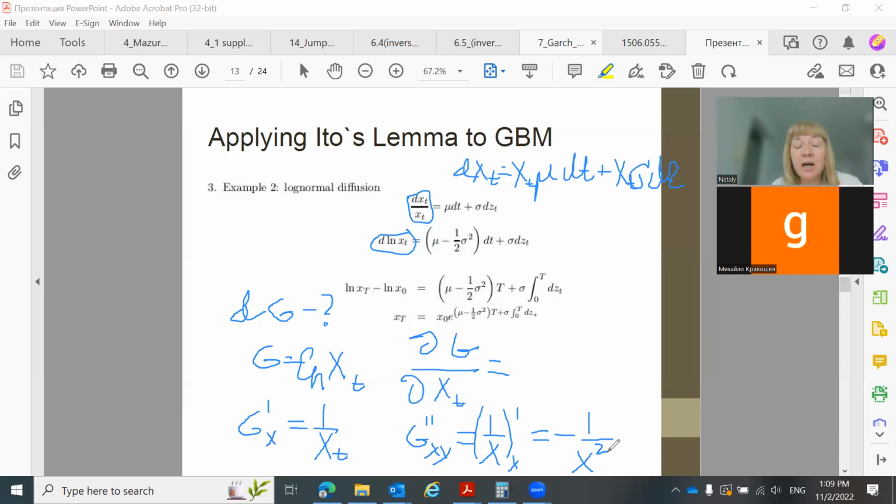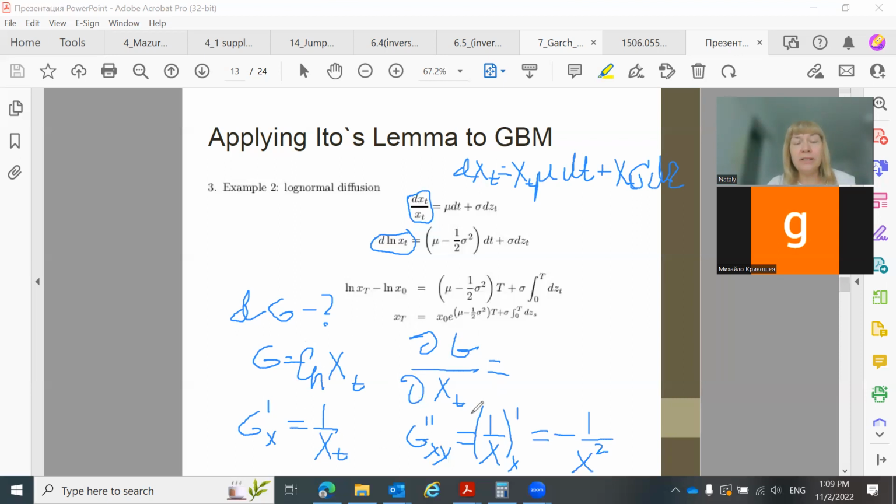Okay, and now we need to substitute all this. The derivative of g with respect to t is 0, yes, because function g is ln x_t. So the partial derivative of g with respect to t is 0.